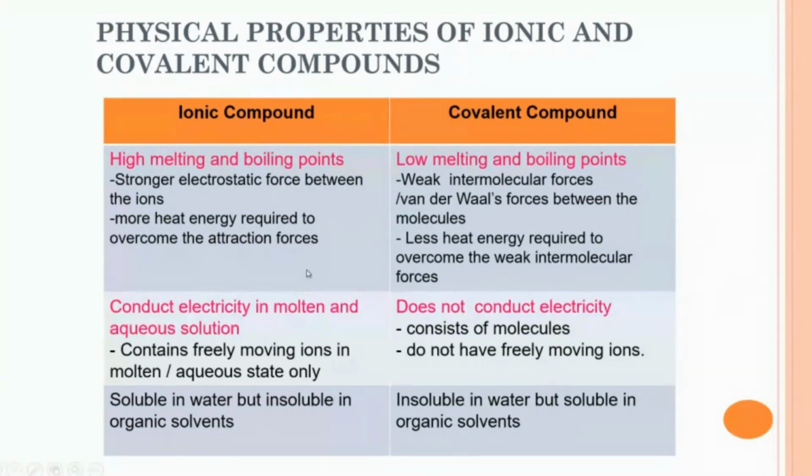For example, I give one example here, sodium chloride. Covalent compound, for example, this one is methane. For ionic compound, it has higher melting point and boiling point. This one, covalent compound, has lower.